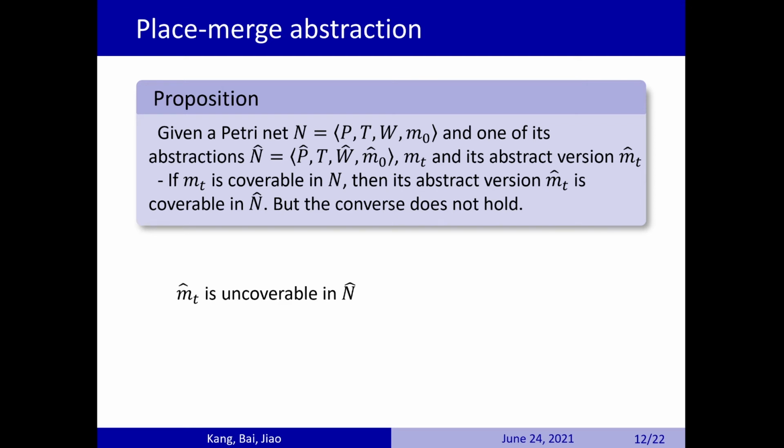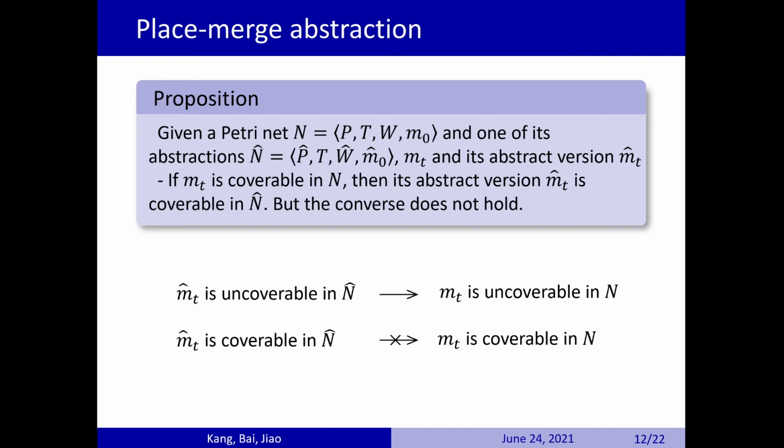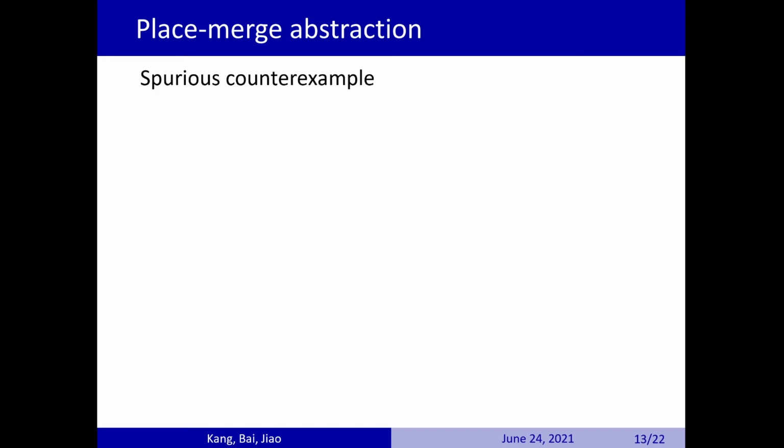Then we have: if MT hat is uncoverable in N hat, then MT is uncoverable in N. If MT hat is coverable in N hat, we cannot conclude that MT is coverable in N, because there might exist a spurious counterexample.